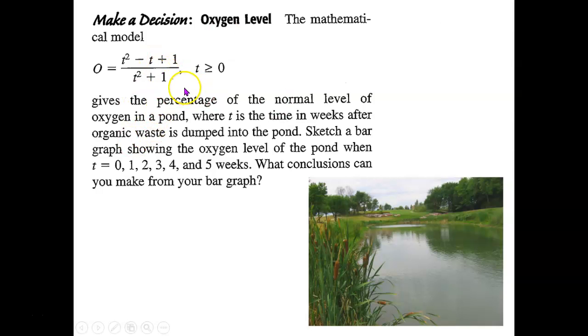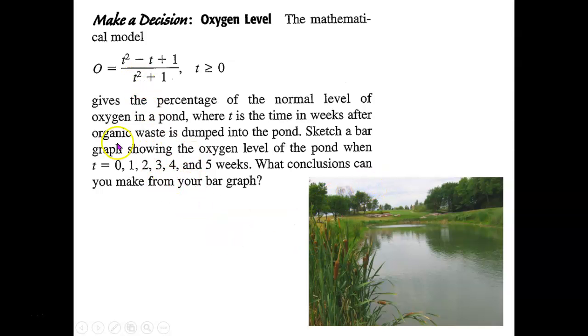I just wanted to show you an example of a rational expression that stands for something that you might encounter in the real world. But what makes it a rational expression is it's got something on top over something on the bottom. It's like a fraction, not just of numbers, but involving a variable, in this case t.